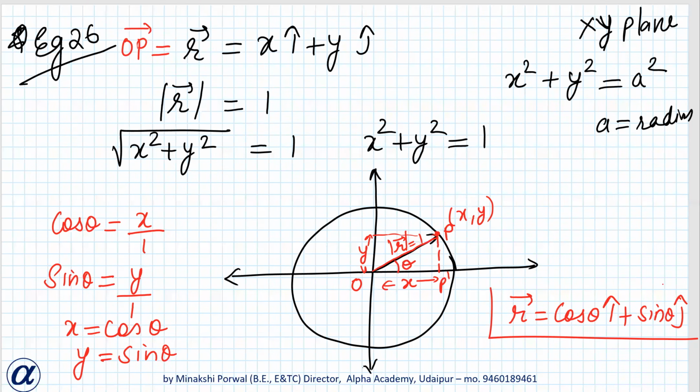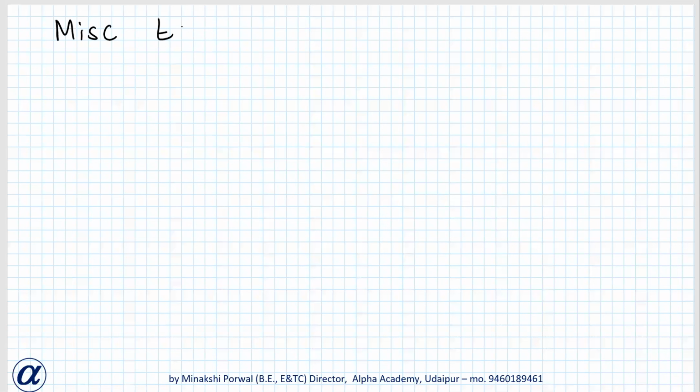Now in miscellaneous exercise chapter 10, first question: write down a unit vector in xy plane making an angle of 30 degree with the positive direction of x-axis. That was the previous question: write all the unit vectors in xy plane.